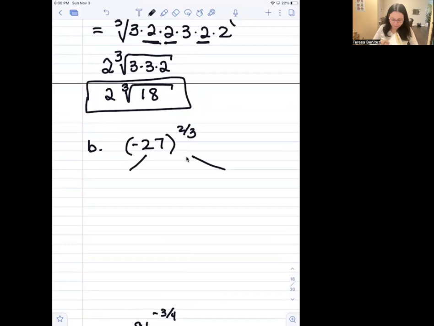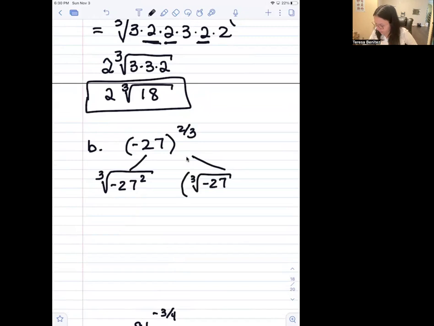So just in case, this is equal to negative 27 to the power of 2, the cube root of that, or we can see that as negative 27, the cube root of that, all of this to the power of 2. You could do either one of those. If I do negative 27 squared, I'll get 729. For that, you would need a calculator and the cube root of that, and that will be equal to 9.